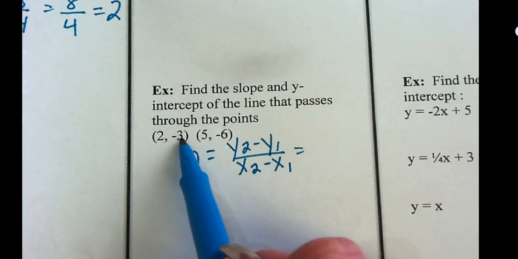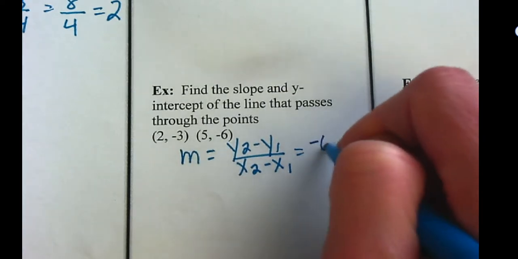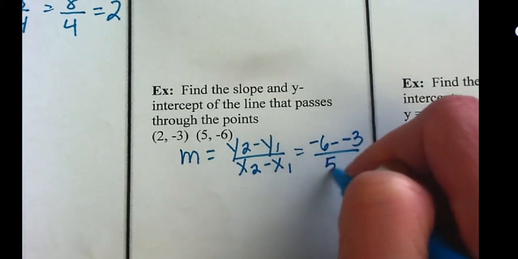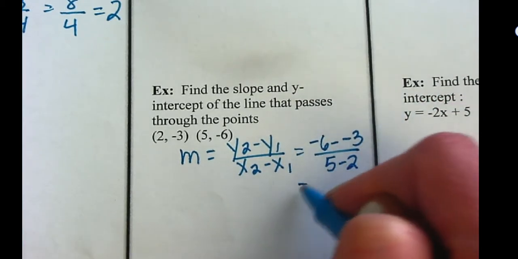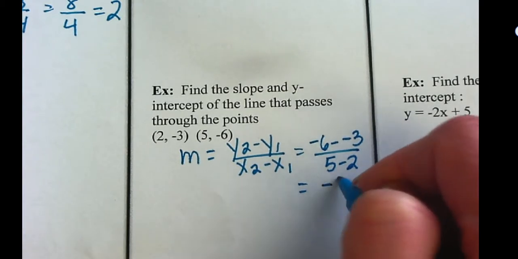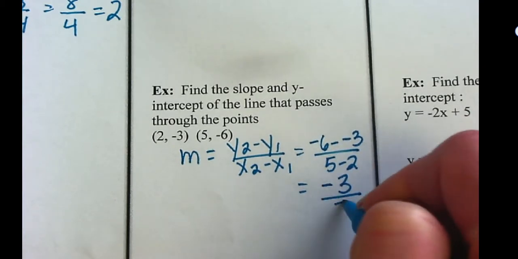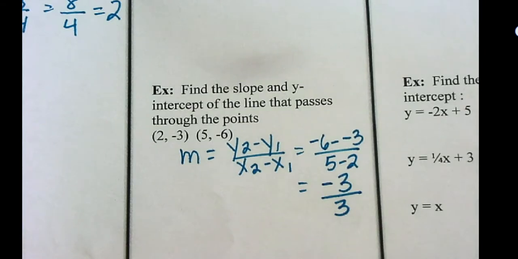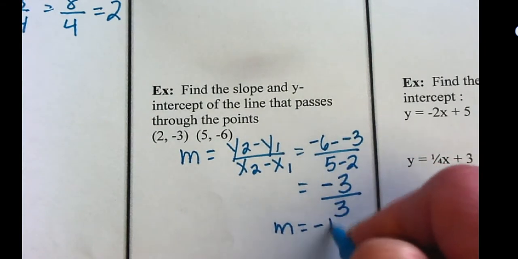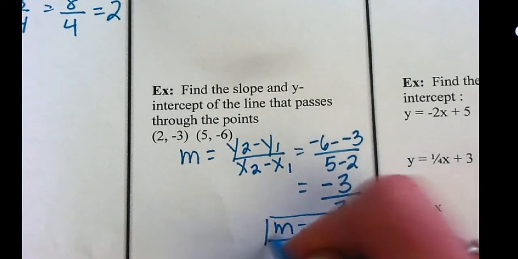I'm going to take my y, negative 6 minus negative 3, and 5 minus 2. And then I'm going to simplify. Negative 6 minus negative 3 is negative 3. 5 minus 2 is positive 3. So my slope here is negative 1. Okay?